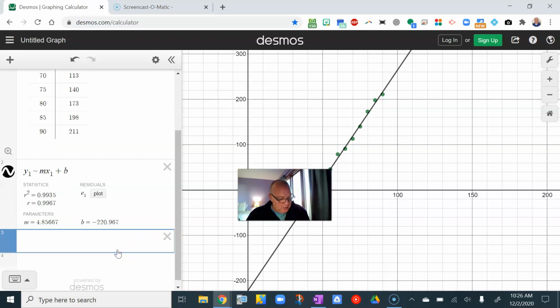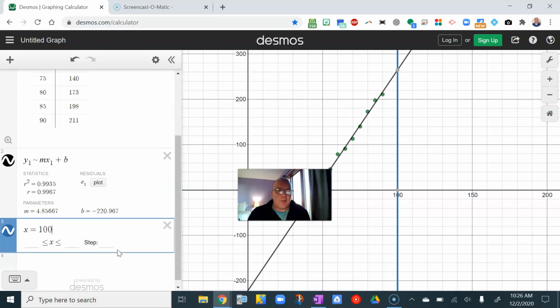I'm going to go to a new line and type in x equals 100. There's the line x equals 100, and I can see that it intersects my trend line at 264.7. We'll call that 265. So when it's 100 degrees Fahrenheit, according to the model, the predicted chirp rate of the crickets will be 265 chirps per minute.